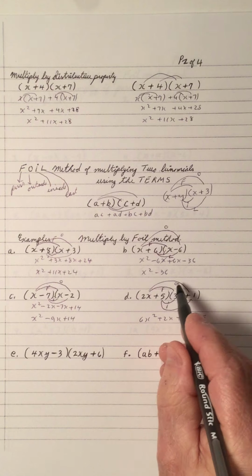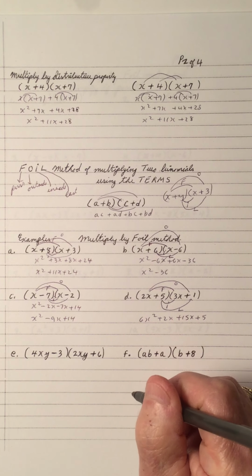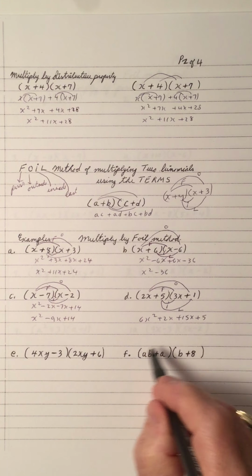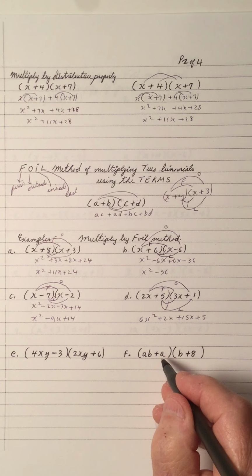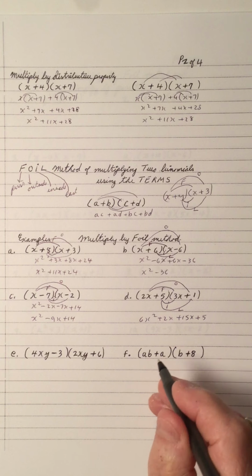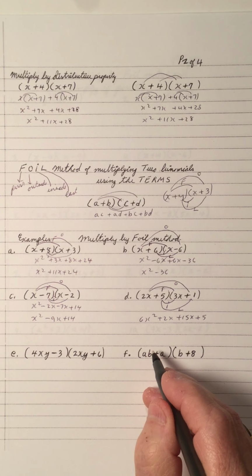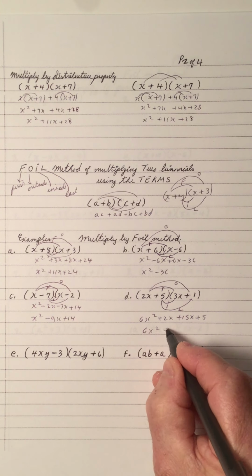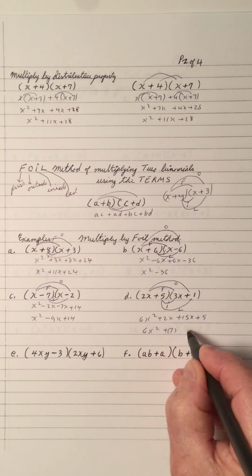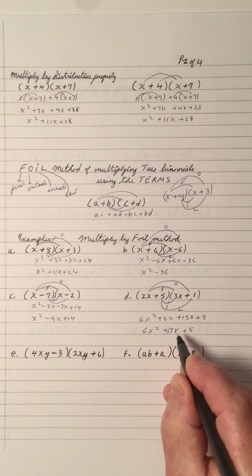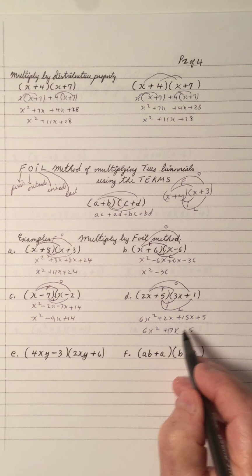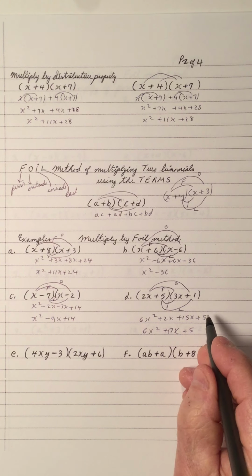Now I'm doing F, O, I, L just to show you, but you can use your eyes to multiply, or you can use the arrows without putting the F, O, I, L. But FOIL is multiplying two binomials by each other, and in the end it becomes very, very simple. So you add: 2x and 15x is 17x, and you get a 5.